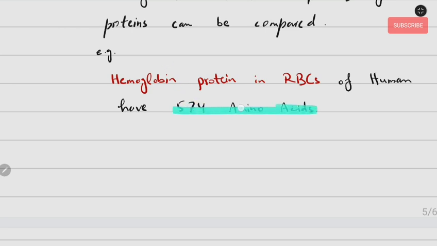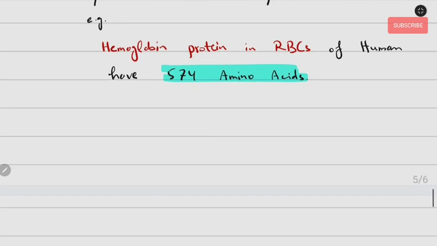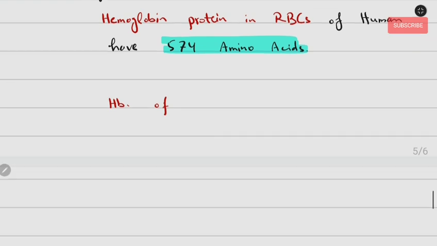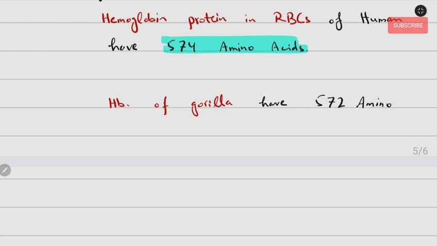Now, if we compare it with the hemoglobin of, let's say, gorilla, it would share 572 amino acids in common with hemoglobin of humans. So out of 574 amino acids in the hemoglobin of human, only 2 differ from the hemoglobin of gorilla.